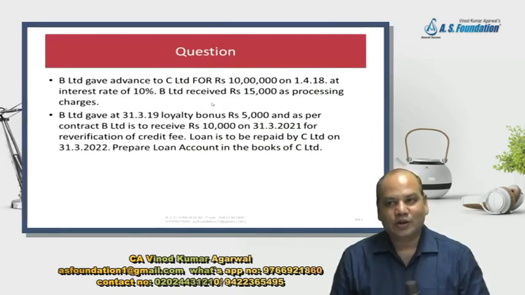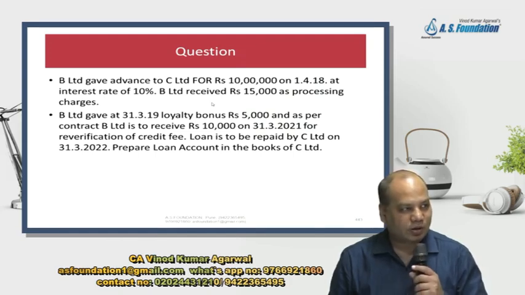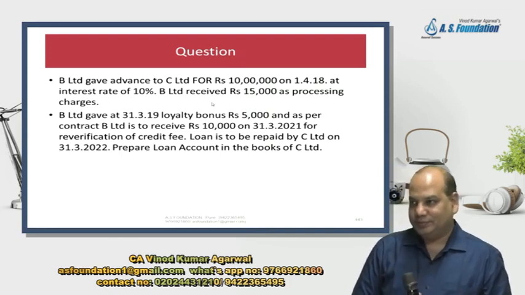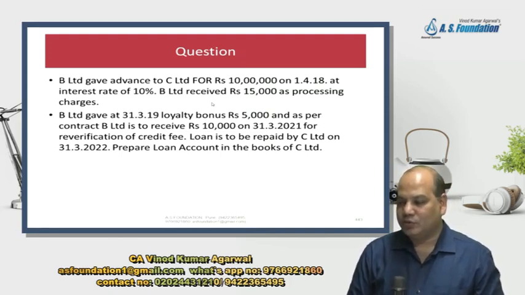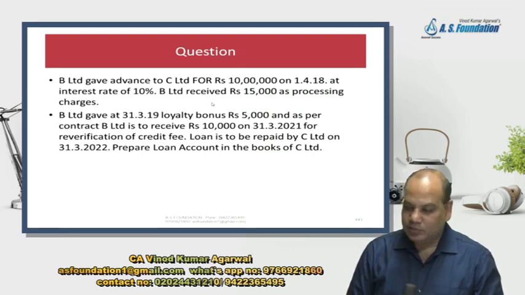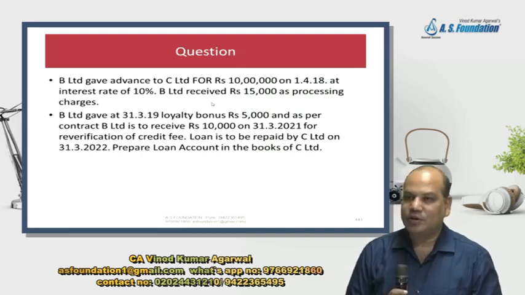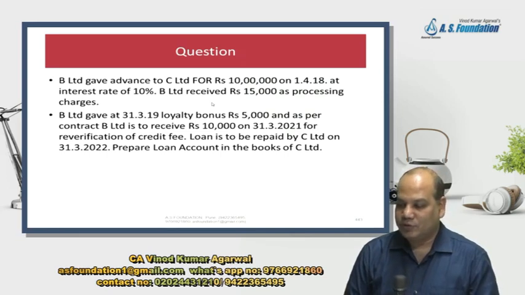One more question which we had solved earlier in the books of the investor. Now we will solve it again in the books of the borrowing company with some more complications. B Limited gave an advance to C Limited of 10 lakh on 1-4-18 at an interest rate of 10%. B Limited received rupees 15,000 as processing fees.